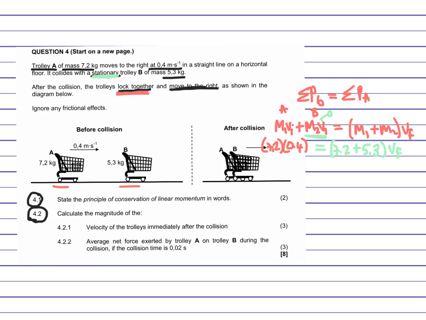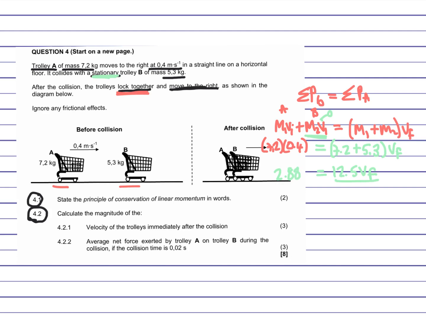Punching 7.2 plus 5.3, on this side I got 12.5 V final. On the other side, we have 7.2 multiplied by 0.4, and I got 2.88.